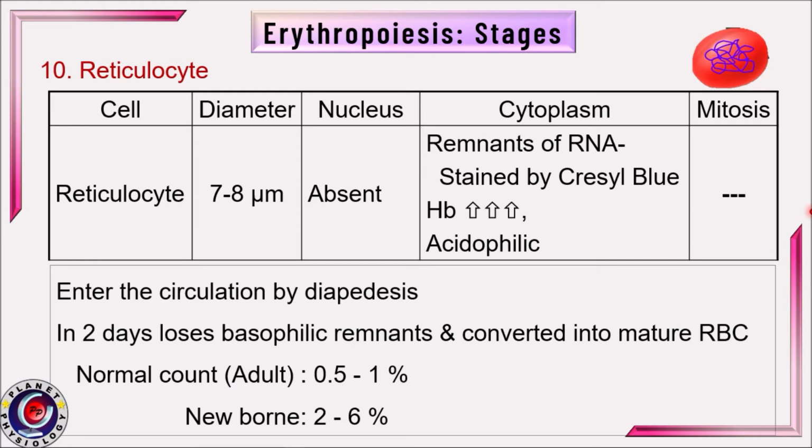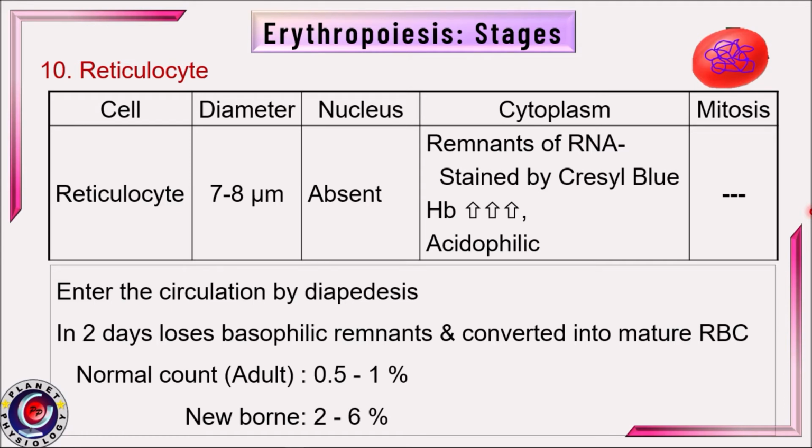Hemoglobin concentration has further increased and the cytoplasm is acidophilic in nature. Reticulocytes also cannot divide. These reticulocytes enter circulation by the process of diapedesis, and in 2 days they lose these basophilic remnants also and are converted to mature RBCs.